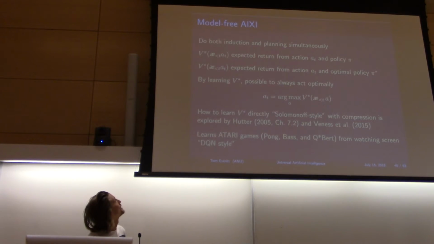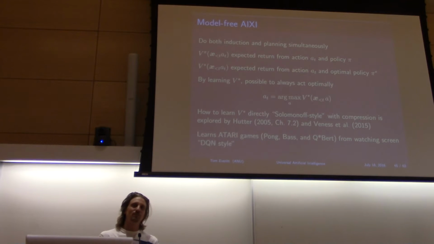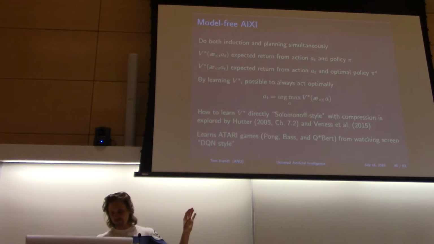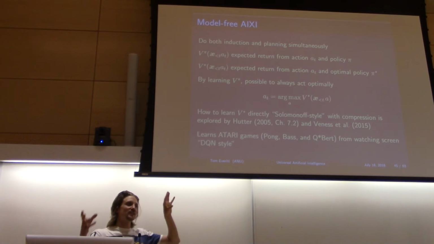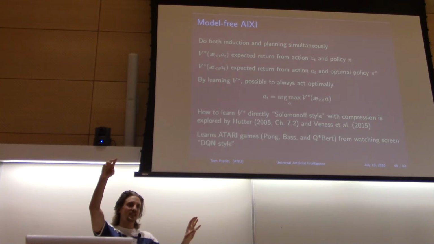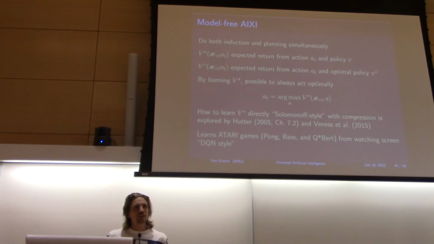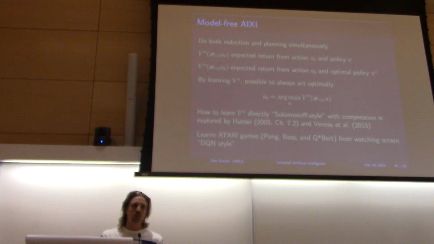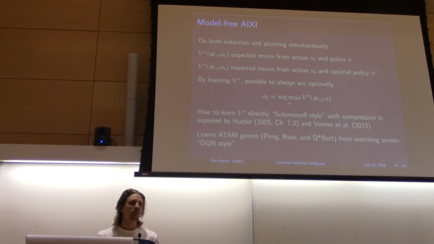Finally, I just want to mention the model-free AIXI approach. Both of the previous approaches, feature reinforcement learning and MC-AIXI-CTW, try to find some model of the environment and then plan from that model and find the best action. What has been found in reinforcement learning is that model-free approaches are often much more efficient. For example, I'm sure you've heard about Q-learning and SARSA.